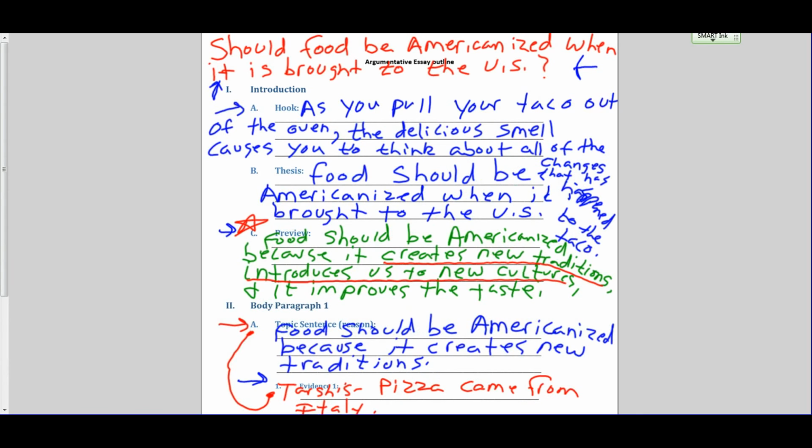I'm ready for my third topic sentence. Of course, my third topic sentence is from my preview, so that's why I'm going to go back to my preview, and we're going to see that food should be Americanized because it improves the taste.